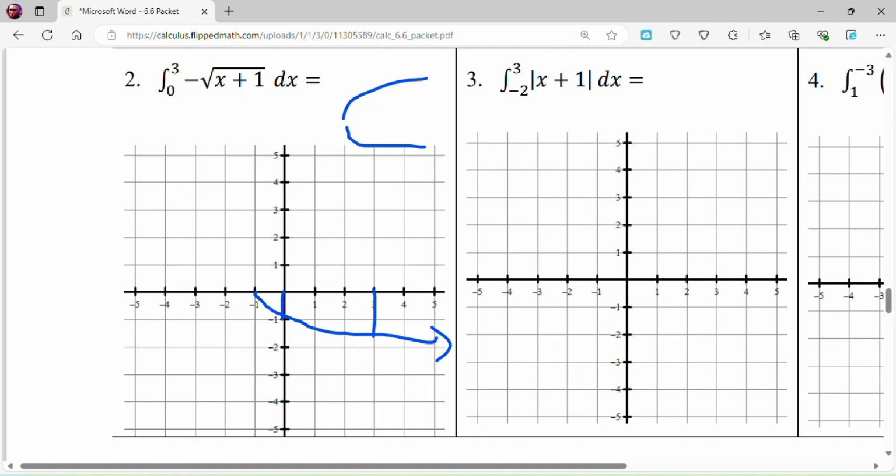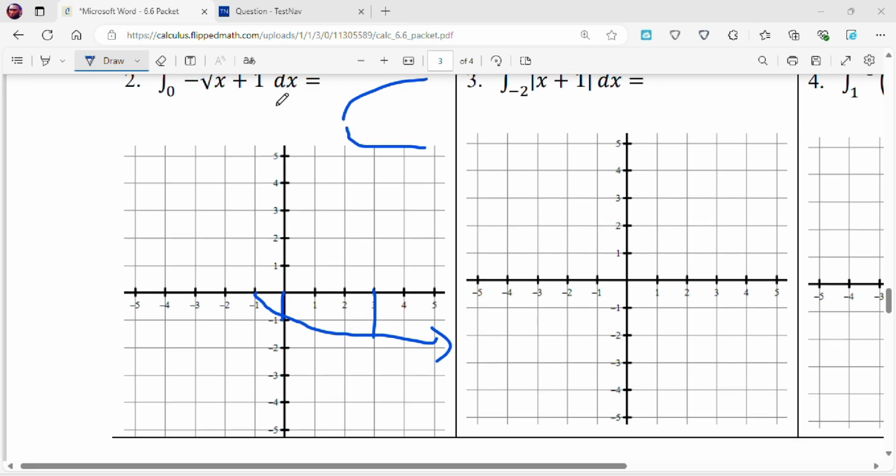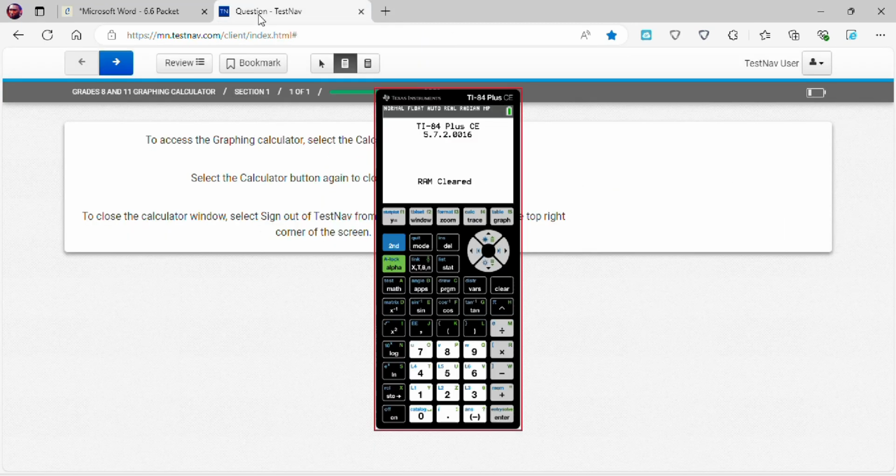But we get to use a calculator. So let's do that. Alright, so if you don't know how to find an integral using a calculator, I'm gonna show you. So math, and then we used 8 for derivative, but for integral we're gonna use 9. Now we plug in our lower limits.